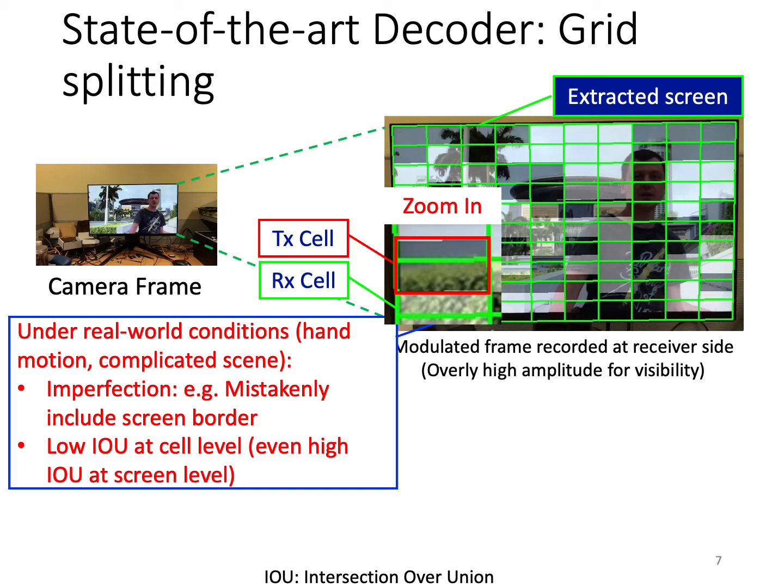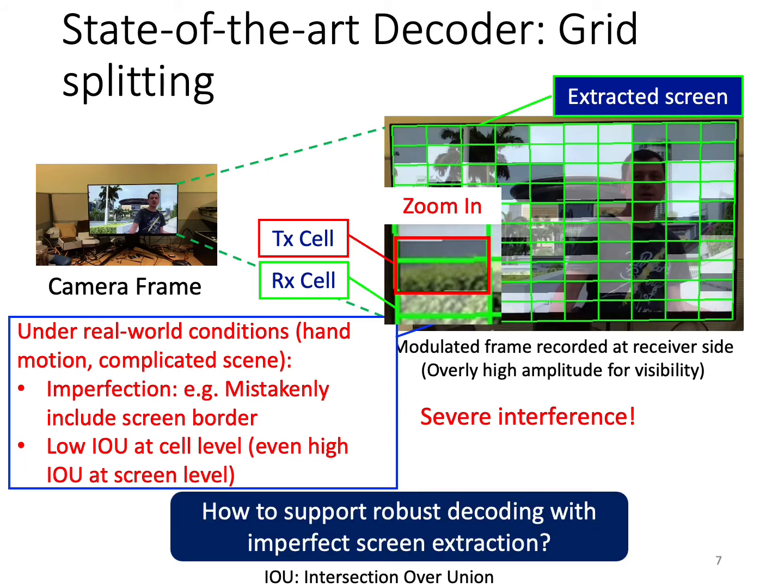Now, let's zoom in on a cell near the border. It shows a big mismatch between the transmitter cell and the receiver cell, and thus causes severe interference. So the big question is how to support robust decoding with imperfect screen extraction.